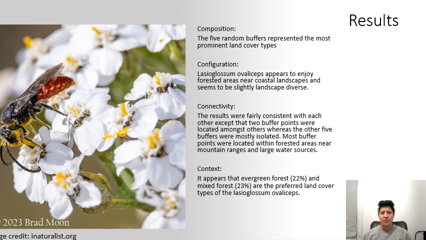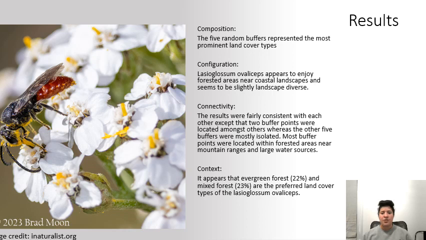The 5 random buffers represented the most prominent land cover types. Lasioglossum ovaliceps appears to enjoy forested areas near coastal landscapes and seems to be slightly landscape diverse. The results were fairly consistent with each other, except that 2 buffer points were located amongst others, whereas the other 5 buffers were mostly isolated.